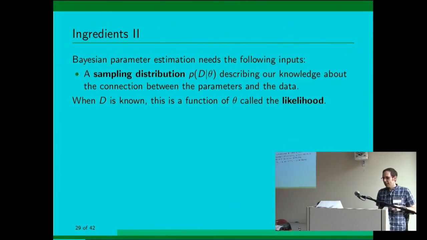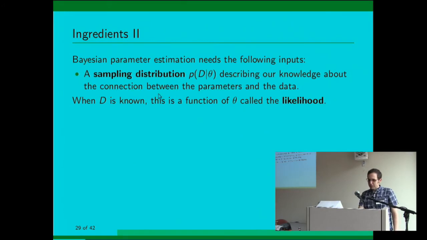The other thing you need is a sampling distribution, which I distinguish from the likelihood a little bit, because you have the same term in the equations, but I like to distinguish between what that term looks like when the data is not known and what it looks like when the data has been substituted in.